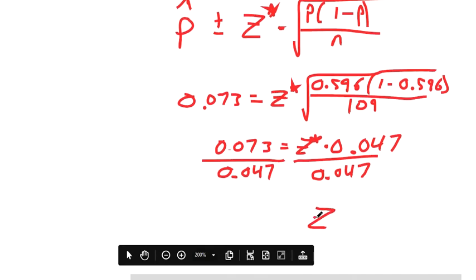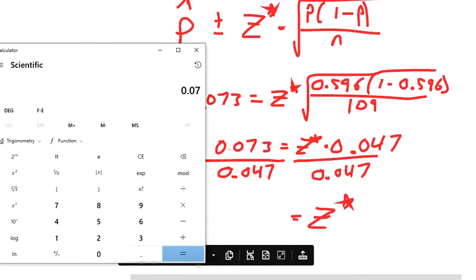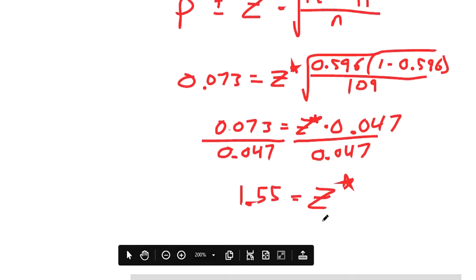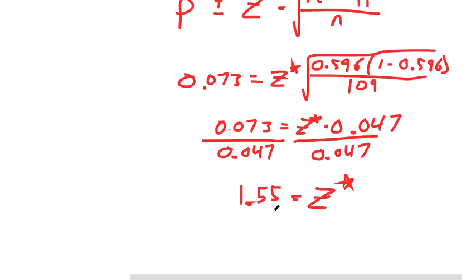So z star is 0.073 divided by 0.047, which gives us 1.55 if we round to the second decimal place, which is what our tables usually do. So if you're using the table, you'd look up 1.5 in the leftmost column, and then see where that matches up with the column that has 0.05. That will be your percentile, where those two things match up.